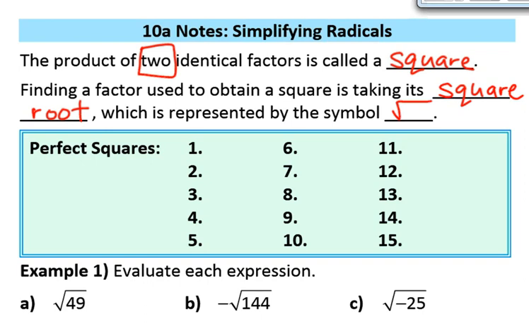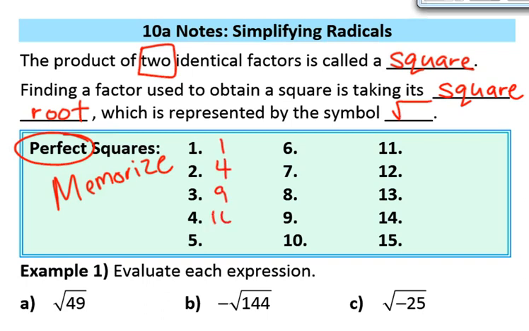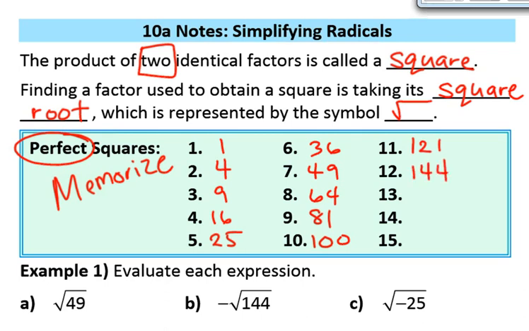So the perfect squares, you need to memorize this list. You should already have most of them memorized. We've done this before. But again, perfect squares, and that's important here for our perfect squares. 1 squared is 1, 2 squared is 4, 9, 16, 25, 36, 49, 64, 81, 100, 121, 144, 169, 196, and then 225.